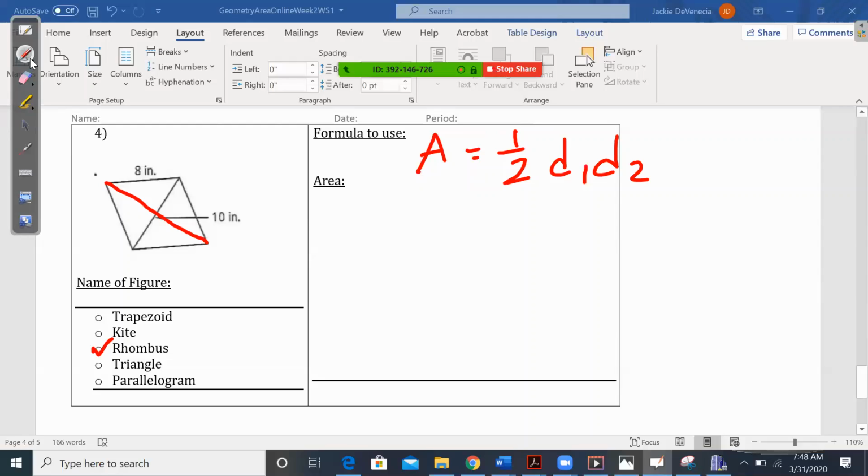So I need to break that up, because breaking it up will help me find the other diagonal. I know that these diagonals bisect each other. They cut each other in half. So half of 10, that's 5. So this will be 5, and that will be 5.